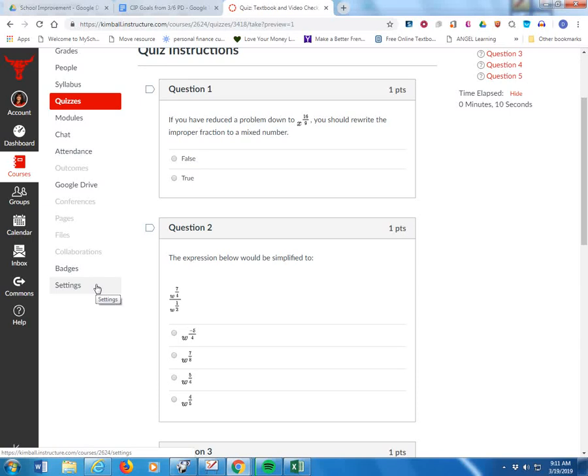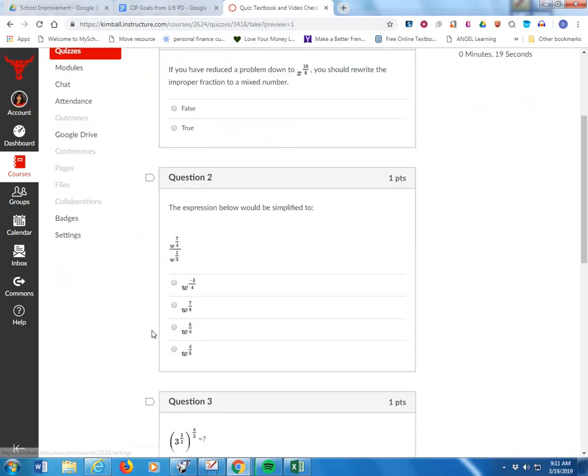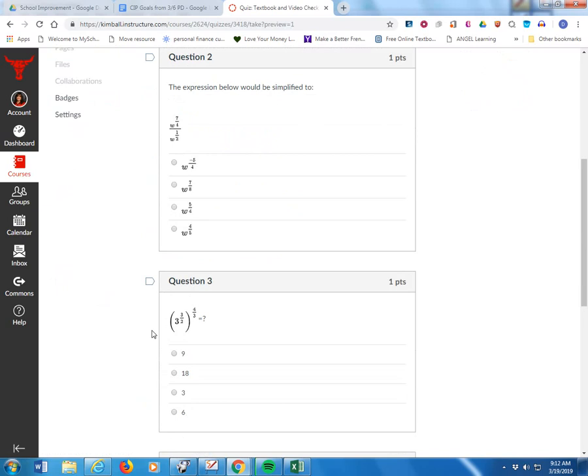False. Exponents are always written as improper fractions, never as mixed numbers. The expression below would be simplified to 7/4 minus 1/2, which is 7/4 minus 2/4, or 5/4. So this would be w to the 5/4, which is the third one down.